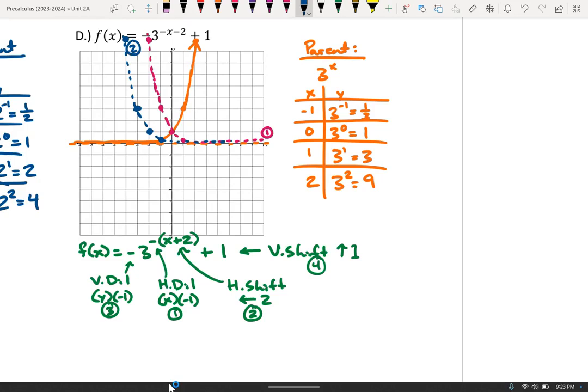And then our third one is going to be our vertical dilation. So that is going to be where we multiply the y values by -1, which results in a reflection over the x-axis. So this is +9 here. So that becomes -9 straight down, -9. This one is +3, so that becomes -3. +1, so that becomes -1, and then -1/3. So that is our next transformation.